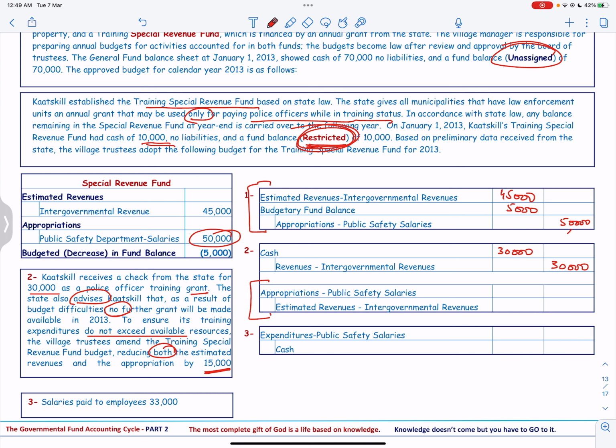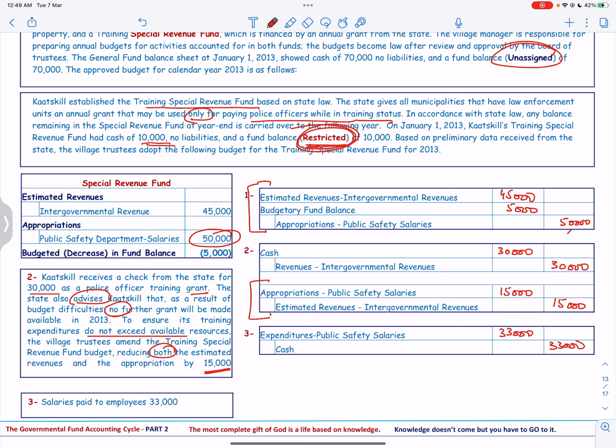Appropriations are debit now by 15,000 and estimated revenues, intergovernmental revenues, are credited by 15,000. Then they are paying the salaries, and you know that for salaries we don't record the encumbrance. So expenditure public safety salaries is debit by 33,000 and cash is credited by 33,000.